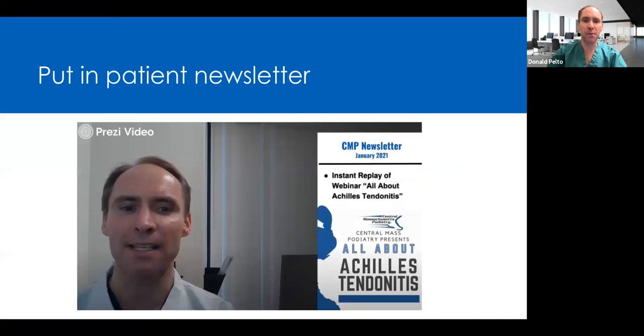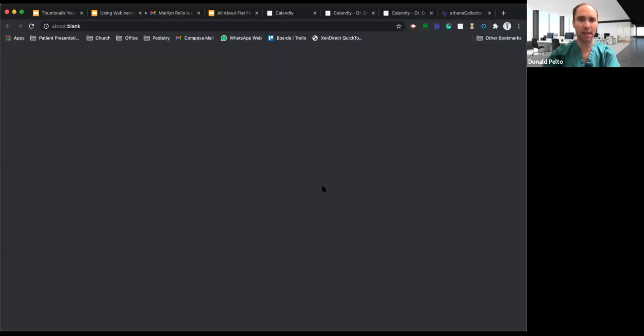You can put it in a newsletter, so don't mind my face here, but we do a monthly webinar video newsletter. Here you can see I use Prezi, sometimes I use Zoom, but basically an instant replay of all about Achilles tendonitis, and I'll put a little link underneath it. I do a little 3-minute video, and then I put some links underneath there, and they can rewatch that replay.